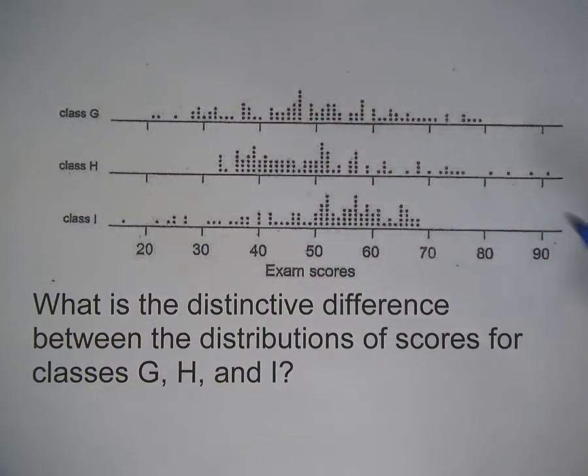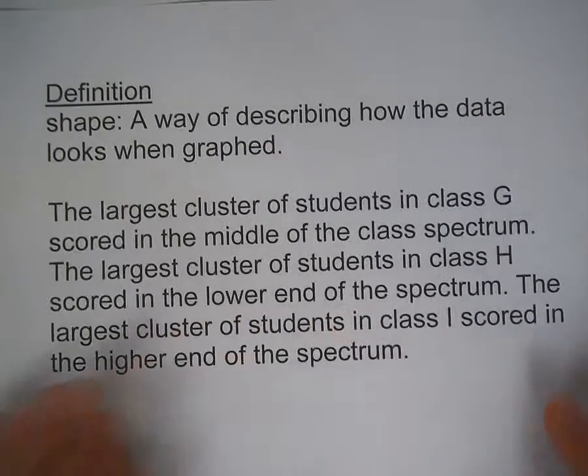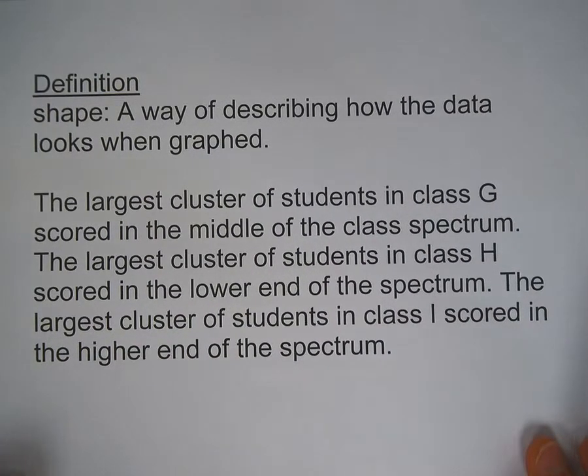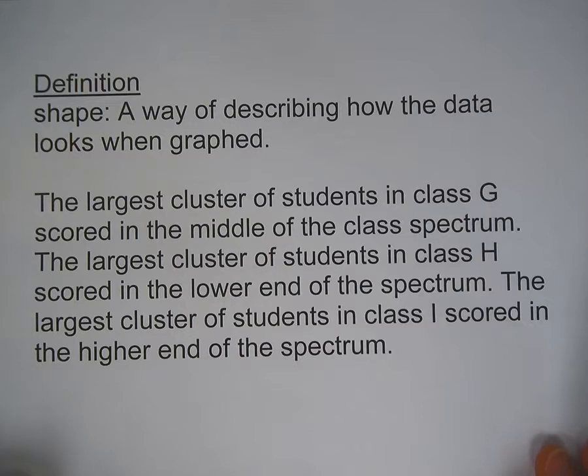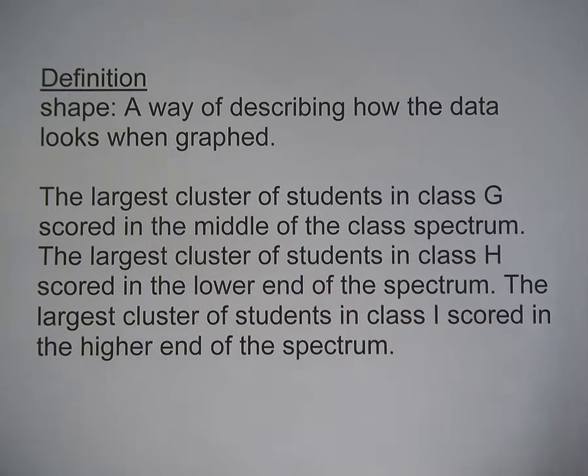So what I would say here is the shapes of these distributions are a lot different. Shape is a way of describing how the data looks when graphed. Generally you're going to need a graph, not just a table, to look at the shape. The largest cluster of students in class G scored in the middle of the class spectrum.